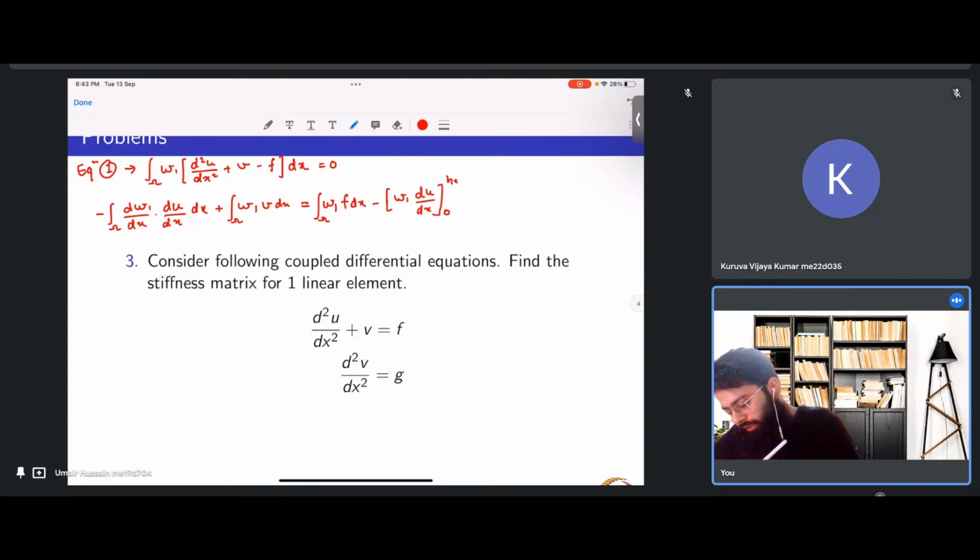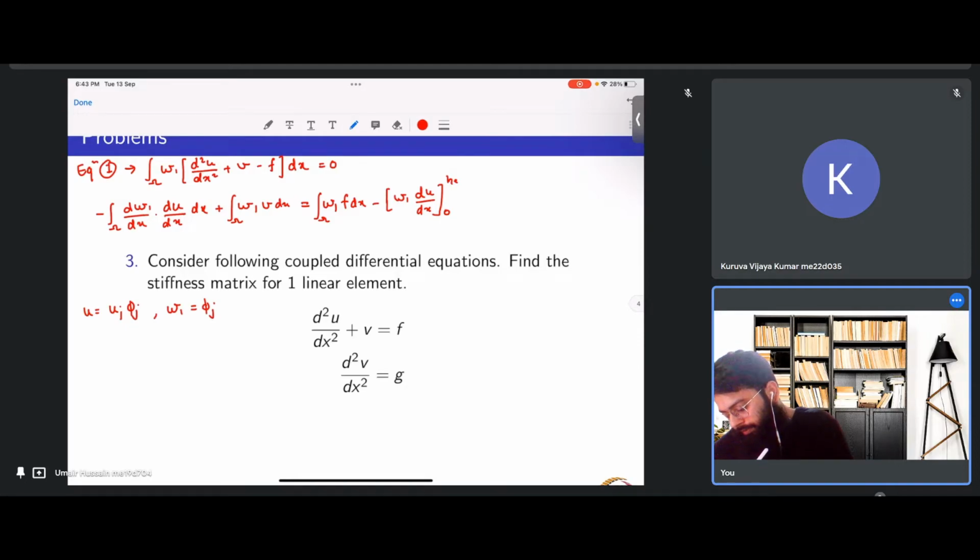Further discretizing it, you can write u equals uj times phi j, and w1 equals phi i.